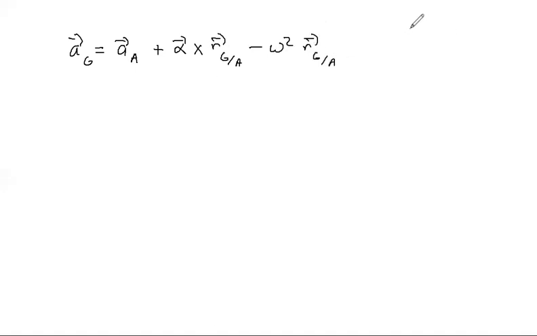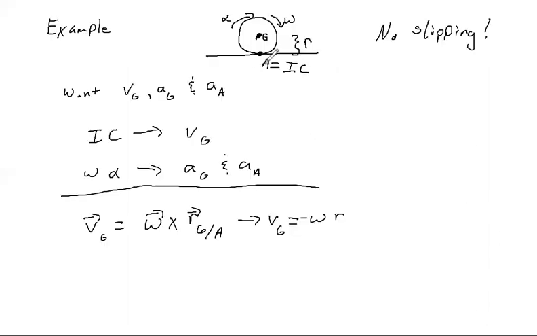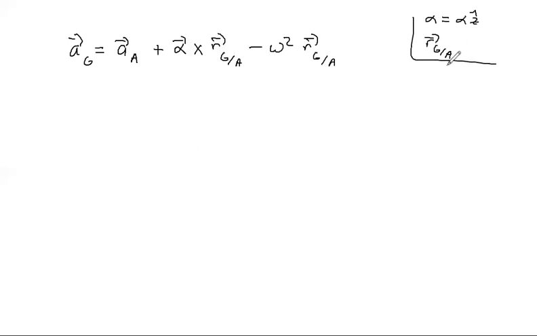To do this, we're going to note that alpha equals alpha z hat, and RGA, we'll just look at that. The vector from A to G has size r and it points straight up. So that's just going to be r y hat.